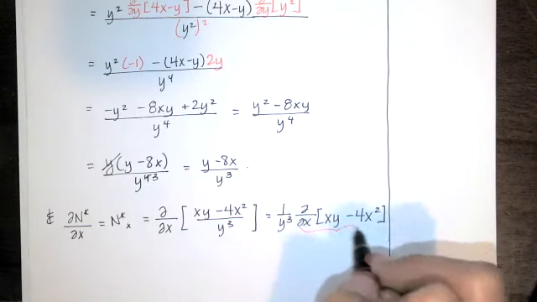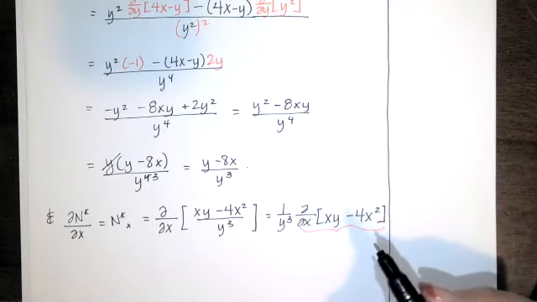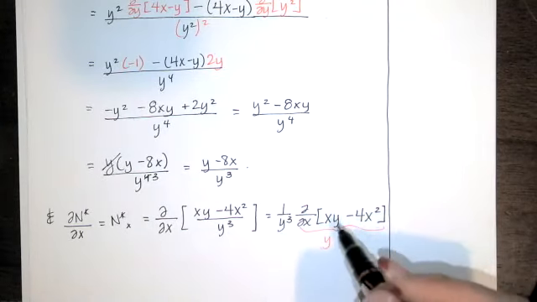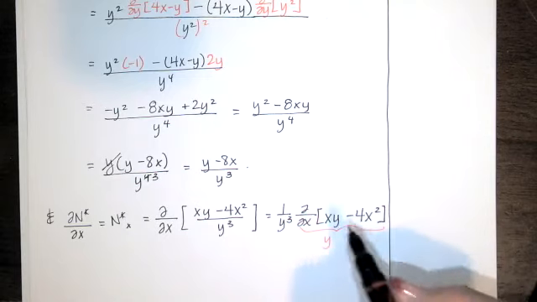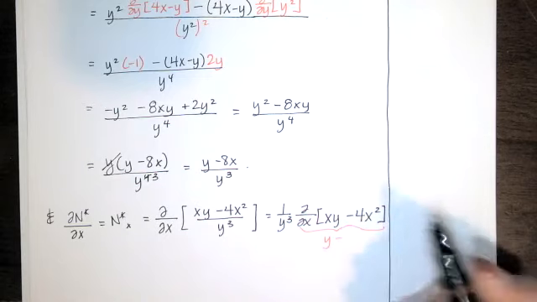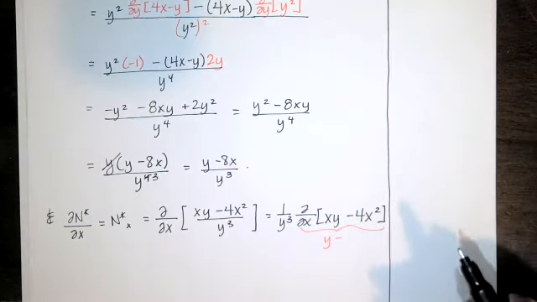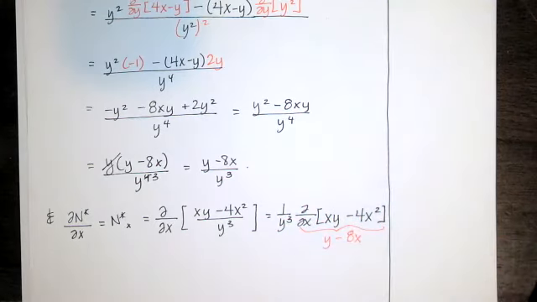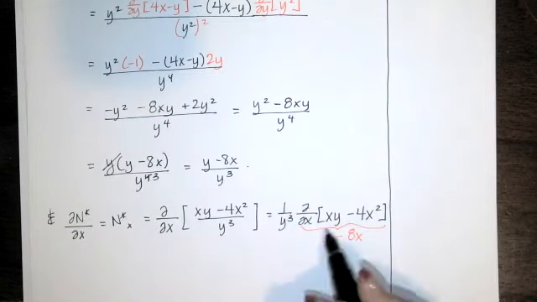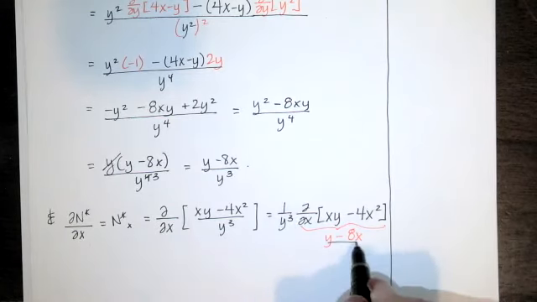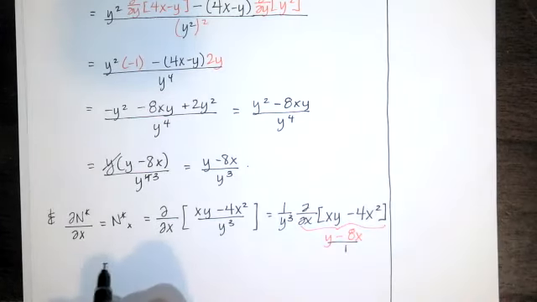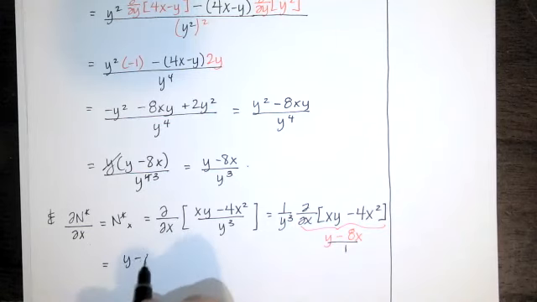And then the derivative of x times y with respect to x is just y, because we're thinking of that as a constant times x. The derivative of a constant times x is just the constant. And then the derivative of -4x squared with respect to x is -8x. So I've got this times that. We can write that as itself over 1 and multiply straight across, and we'll have that right there.